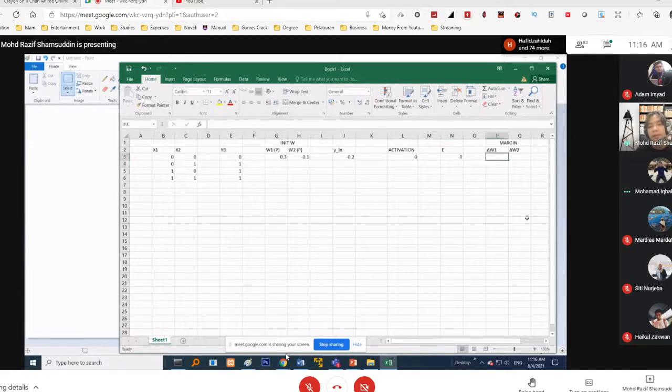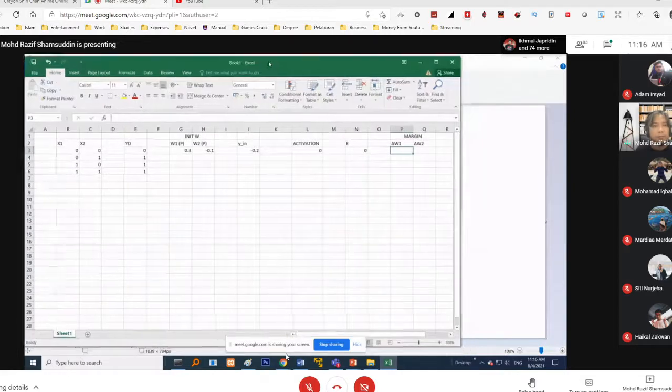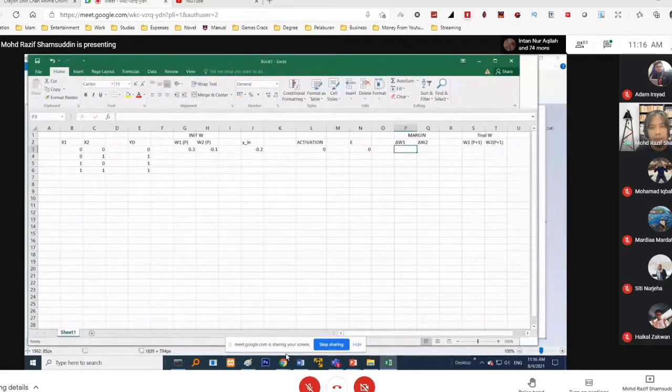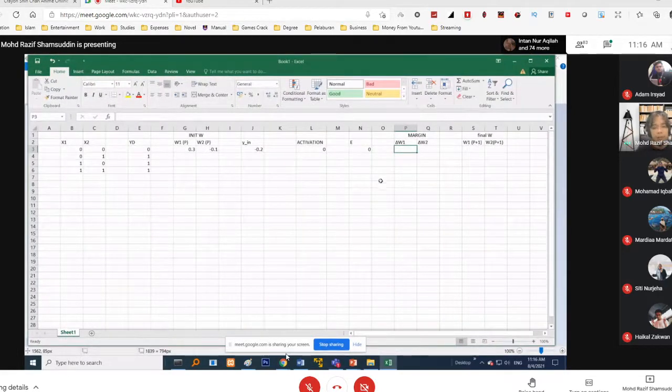So marginal weight dia adalah, sekejap saya besarkan sikit. The marginal weight is calculated as alpha, which is 0.1, times input, kan? You have to be very careful because weight 1 is associated with input 1, weight 2 is associated to input 2. So satu je darab dengan error kan? Error yang ni lah. Betul tak? Betul.